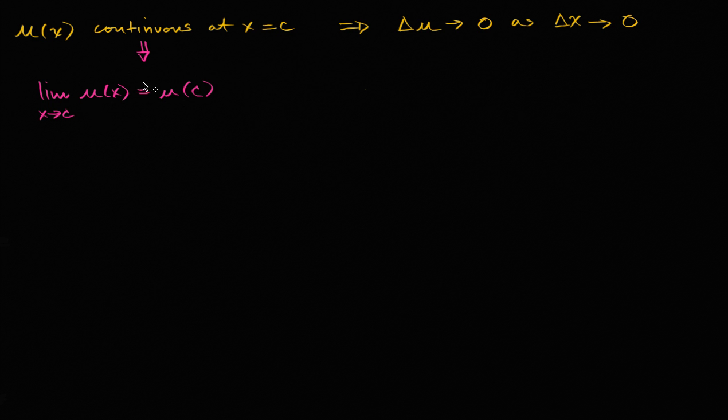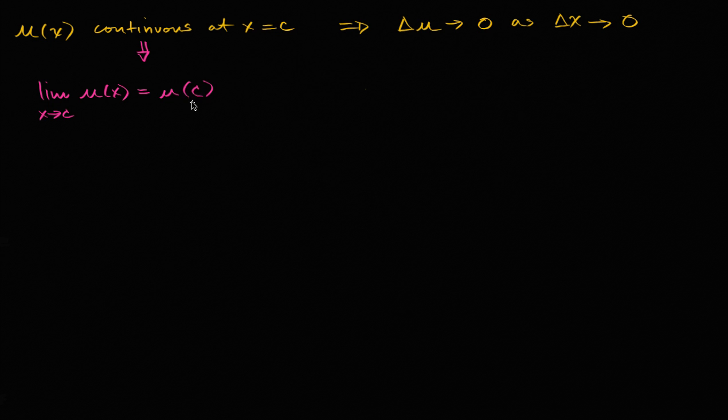Now I'm just going to manipulate this algebraically, so it essentially gives us this conclusion right over here. So this we can rewrite. It's important to realize that u of c is just going to be some value. It looks like maybe this is a function of x or something, but no, this is just going to be some value. I've inputted c here, and I've evaluated the function, and so there's going to be some number.